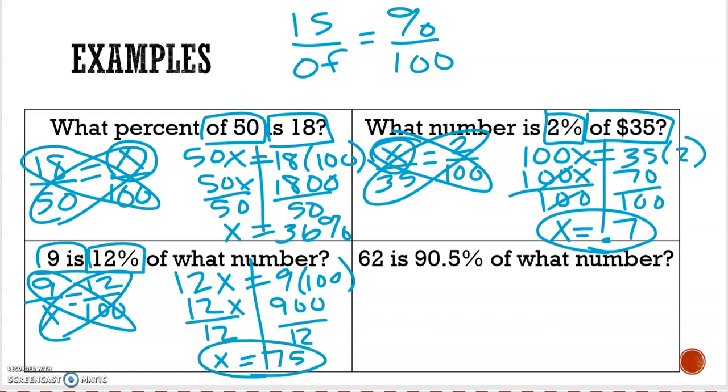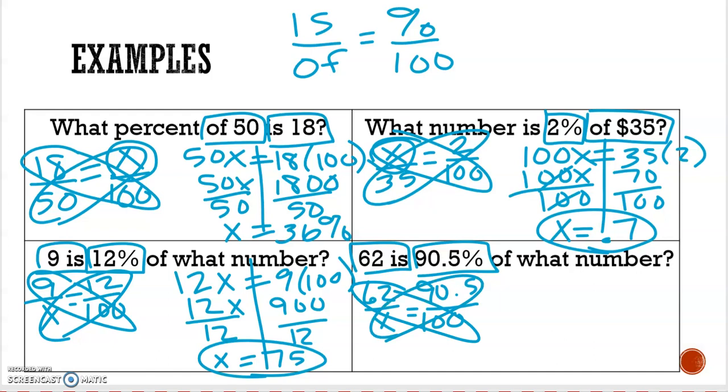Okay, again, there's no percent sign on my answer because the X was in the of spot, not in the percent spot. So next one we have 62 is 90.5% of what number? So 62 is, so 62 goes on top, 90.5 goes in the percent spot, and then the 100 is always there, and that means the of is my X. So I have 90.5X equals 62 times 100.